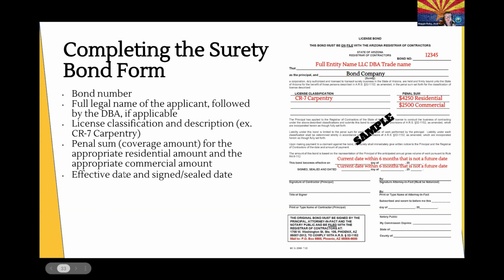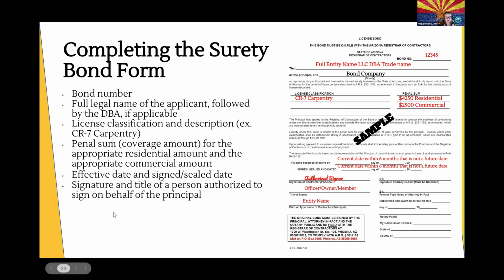If you're applying for what we call a dual classification, meaning a commercial and a residential, like you see here in the CR7, you want to make sure that your bond penal sums are divided out. As you can see here, we have the $4,250 in residential coverage and the $2,500 in commercial coverage.